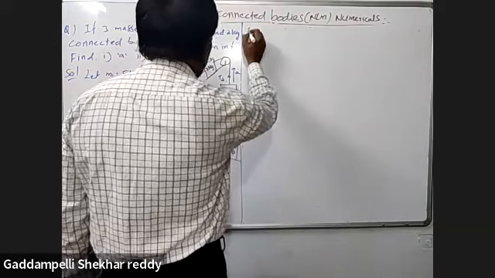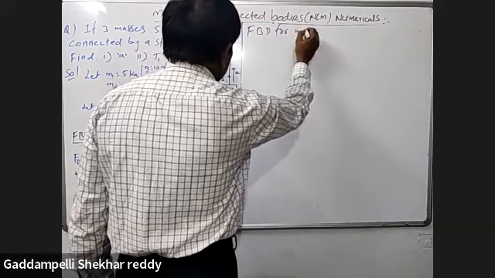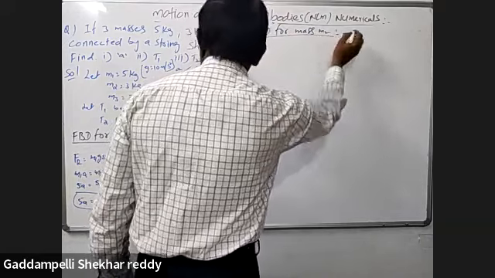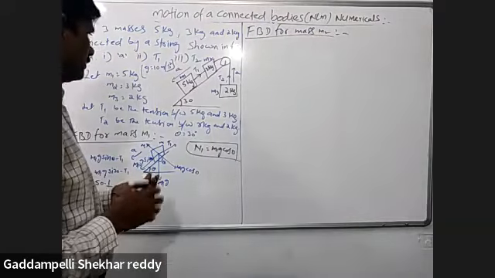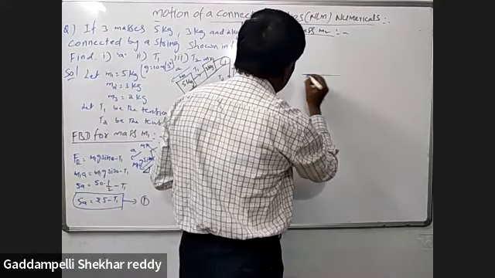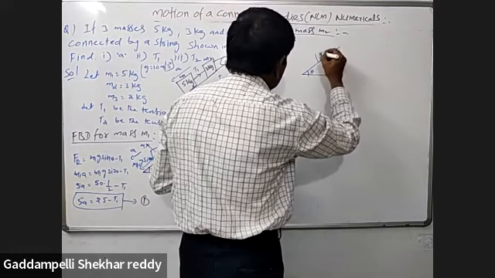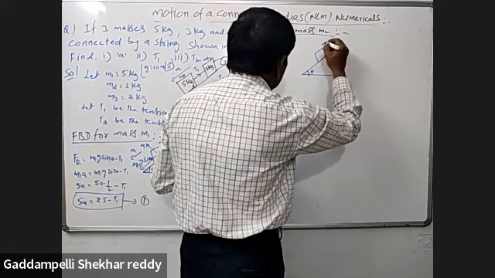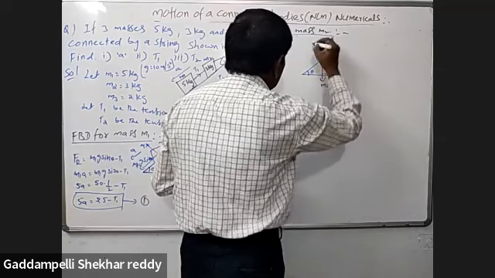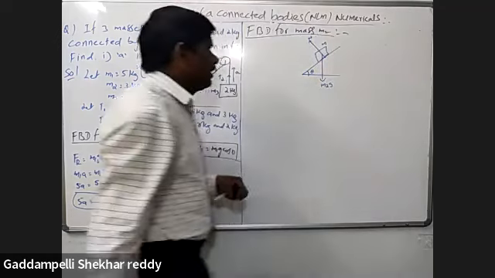So next, FBD for mass M2. Same thing, mass M2 isolated from the system. Weight M2G. Normal force will be N2, perpendicular to the inclined surface.